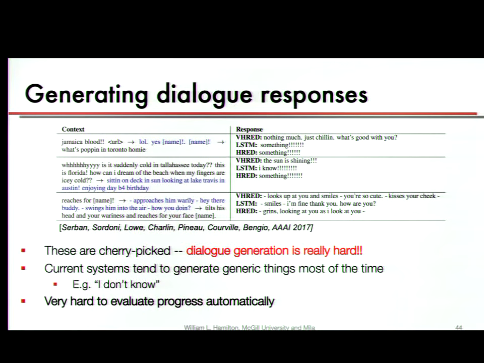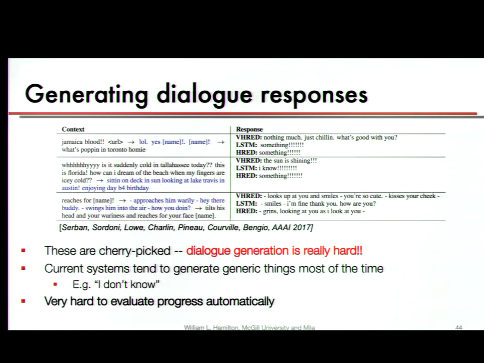And here's just a few examples of what some of the dialogue can look like. This is all taken from slides by Ryan Lowe, who was a co-lecturer for this last year. And so you can see some of these things are kind of reasonable. Like "the sun is shining," "I know something." And these are actually cherry-picked. Despite the fact people can show some pretty cool demos, dialogue is actually really hard to do right.